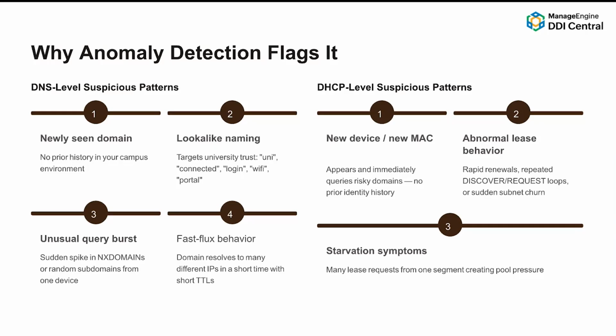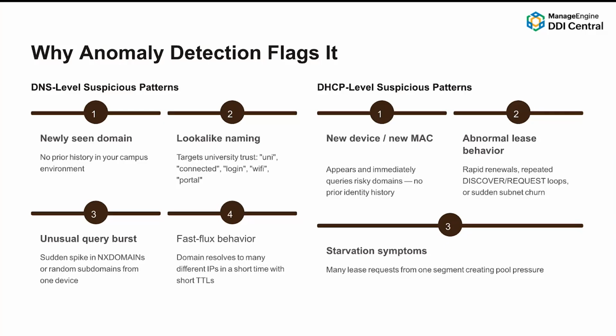Now, DNS tells us something suspicious is happening, and DHCP tells us who is doing it. So we'll look at the DHCP level patterns. First, the new device or a new MAC. If this query comes from a new or rarely seen device with no identity history, that increases risk. And with abnormal lease behavior, there is rapid renewals, repeated DHCP request loops, sudden subnet churn.